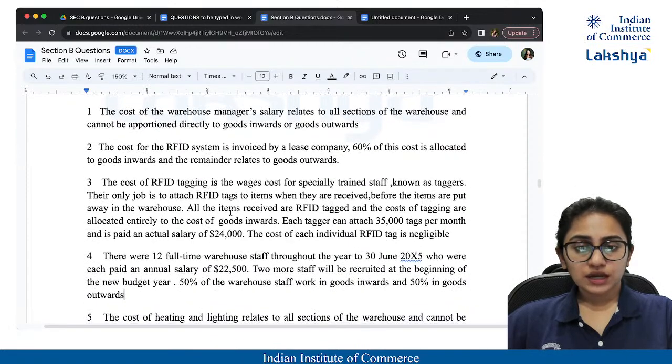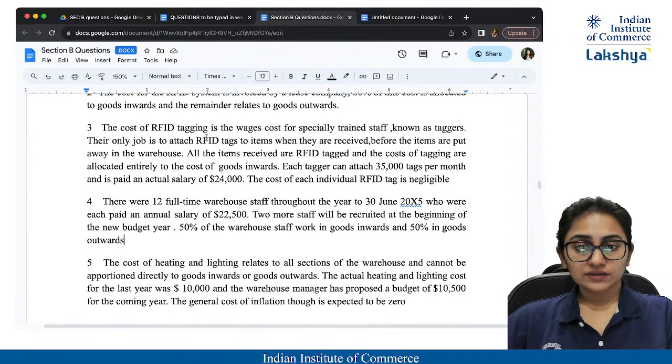The cost for the RFID system is invoiced by the lease company. 60% of this cost is allocated to goods inwards and the remainder relates to goods outwards. The cost of RFID tagging is the wages cost for specially trained staff known as taggers. Their only job is to attach RFID tags to items when they are received before the items are put away in the warehouse.